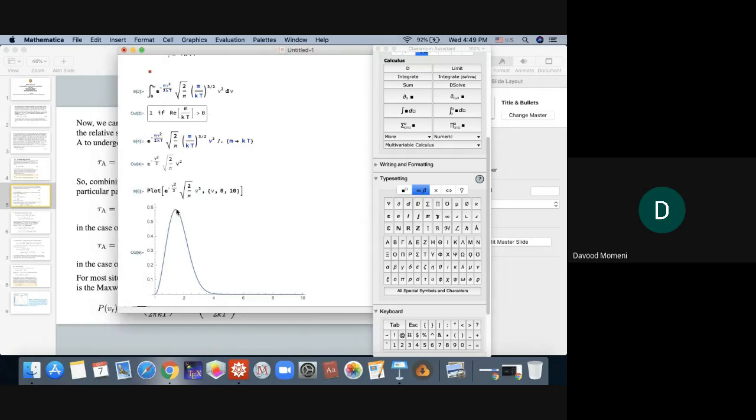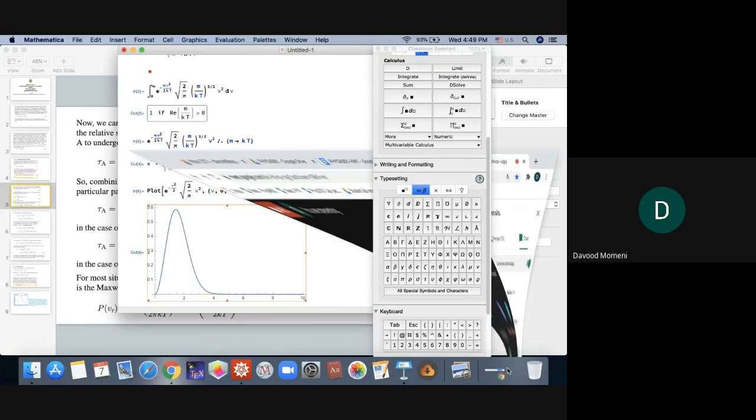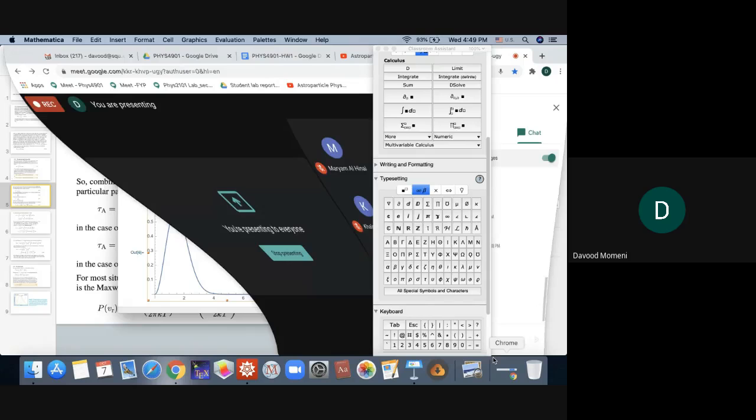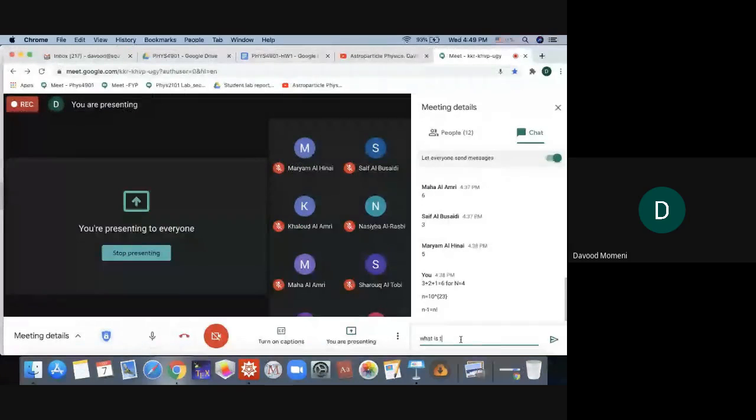There is a peak here, yes? What is the meaning of this peak in the Maxwell-Boltzmann distribution? Does anybody know?